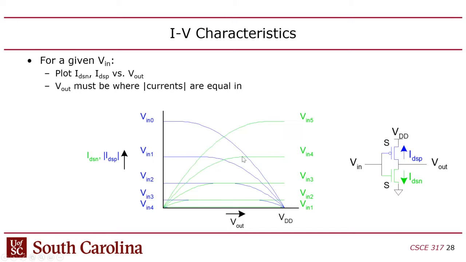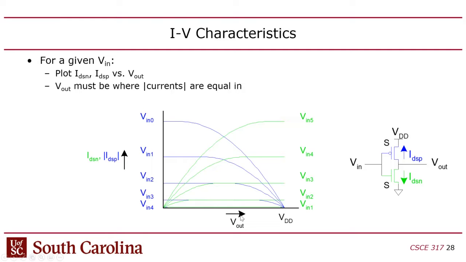solve the current for various voltages. So you kind of discretize the problem. You choose, in this case, 5 different voltages that I'm going to put as the input, VN0 through VN4.